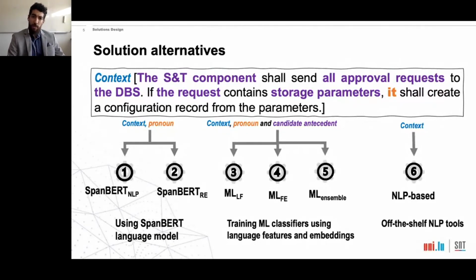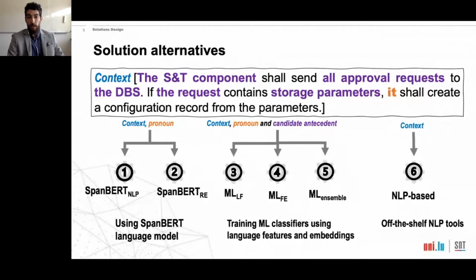The 3 next solutions are based on machine learning. The first one uses language features that we gathered and enhanced. We use more than 40 language features. The second solution uses feature embeddings that we extract from Sentence-BERT. The third one combines the first 2 in an ensembling fashion.